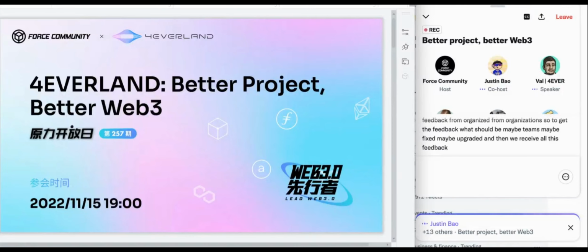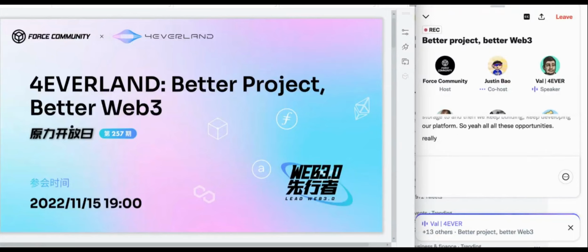Then we receive all this feedback from the developers we are working with right now, that we are providing storage to, and then we keep building and developing our platform. So yeah, all these opportunities are really important for us and for the product development.